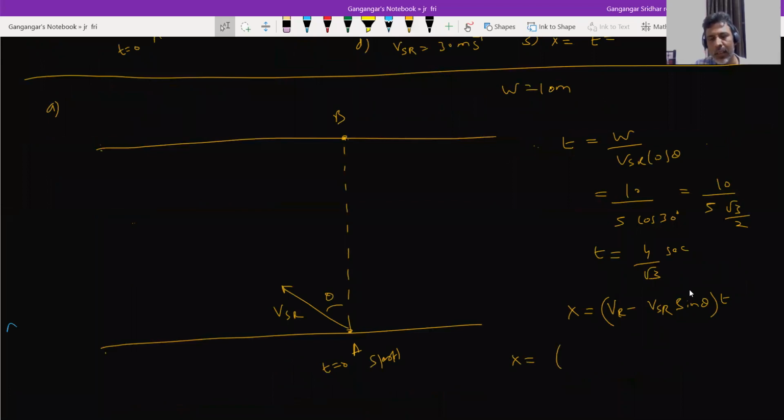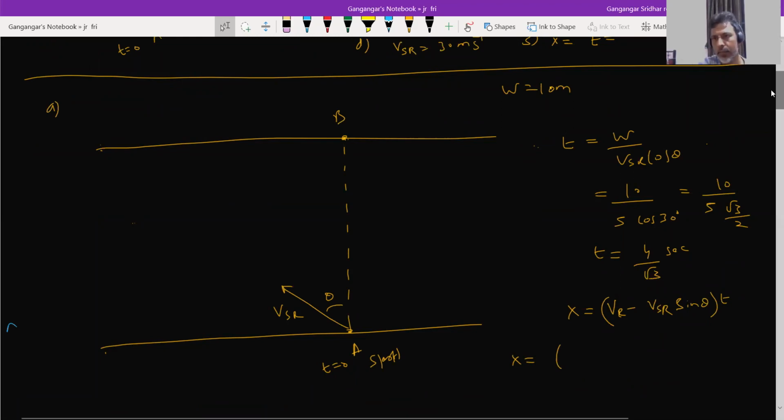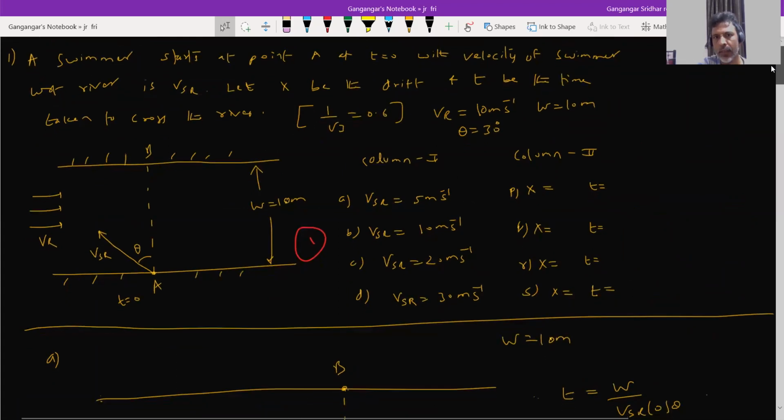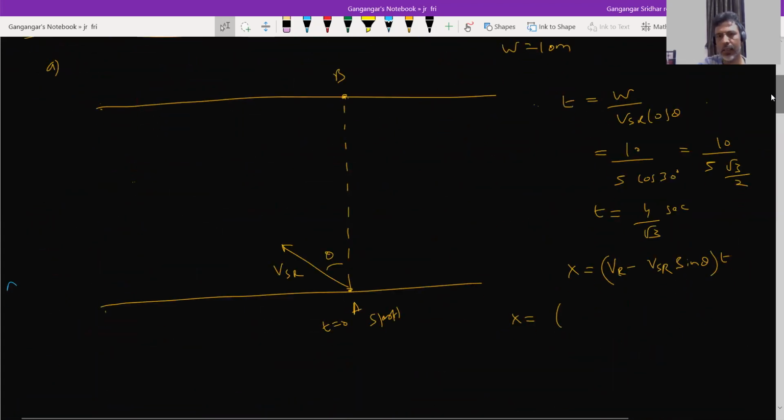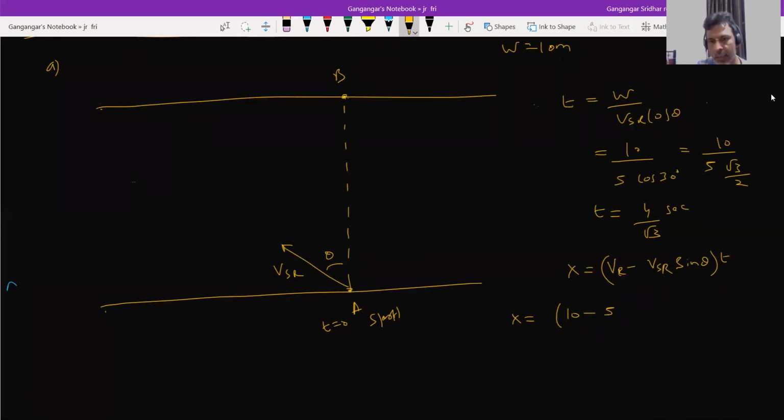So x is equal to velocity of river, 10, minus VSR, which is 5, sin 30, 1 by 2, into the time taken, 4 by root 3. So this will be 10 minus 5 by 2, into 4 by root 3.